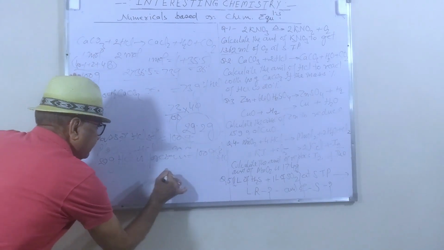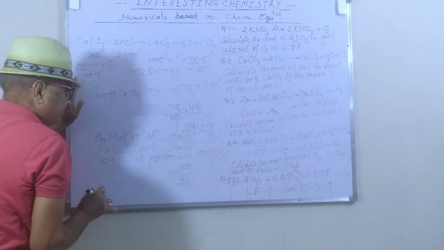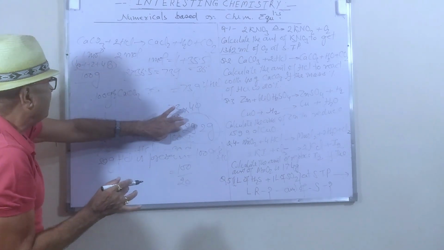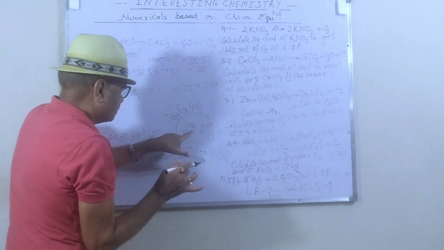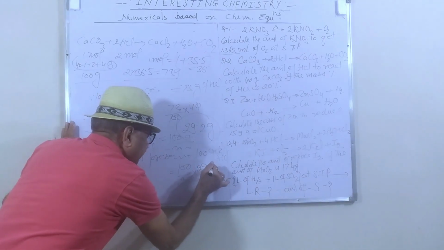So again, 1 is 100 upon 20. And what is the real amount to calculate, to react with 40 gram? So 29.2, you can write here 29.2.